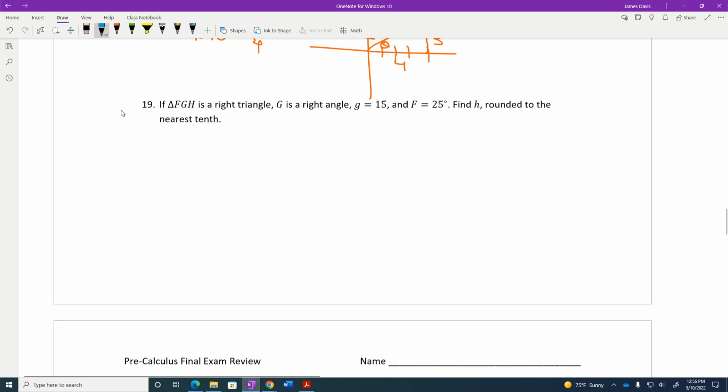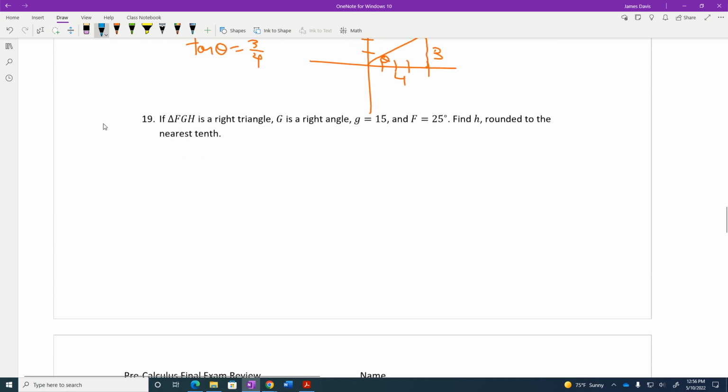All right, so the next one, triangle FGH. So I would always suggest drawing the triangle if it gives you a triangle. Actually, sorry, it does say it's a right triangle. The next one doesn't say that. This one does say a right triangle. So draw a right triangle. And it specifically says that G is the right angle.